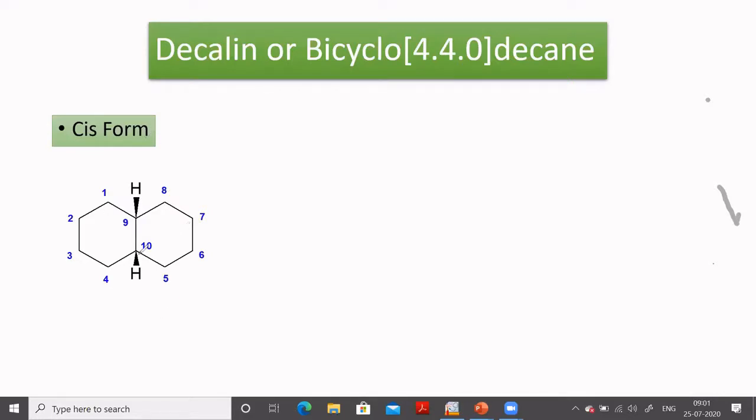Now, this is a way of drawing a planar form, but definitely we know that cyclohexanes don't have the planar option. So what is another way of drawing this, showing the actual conformation of the cyclohexane? We know that cyclohexane is present in the chair form.